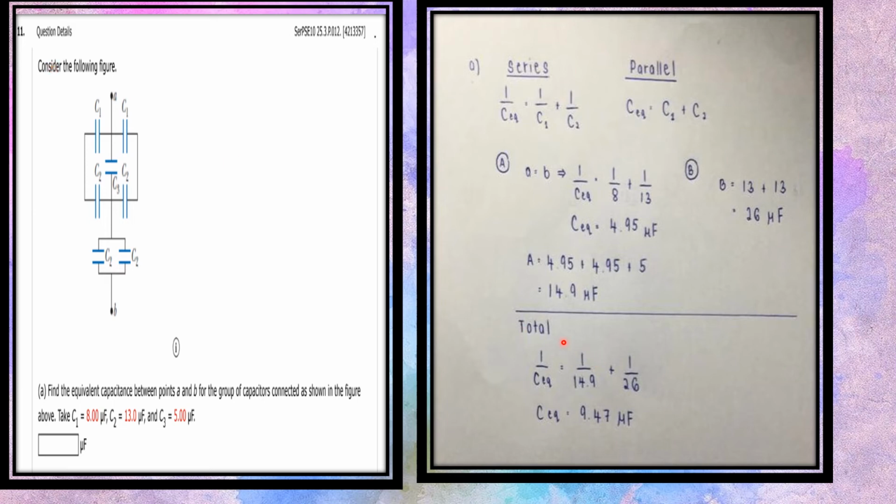And last but not least, we calculate the total equivalent capacitance, which is A plus B. A and B are in series, so we use the series equation to calculate the total. The equation is 1 over C equivalent equal to 1 over 14.9 plus 1 over 26, and we got the C equivalent total as 9.47 microfarads. Now we move to the next example.